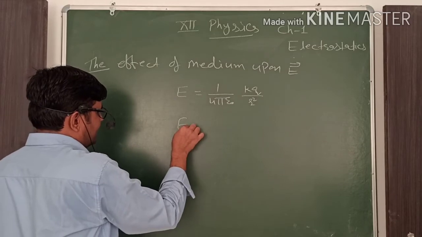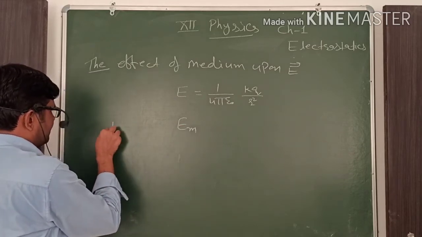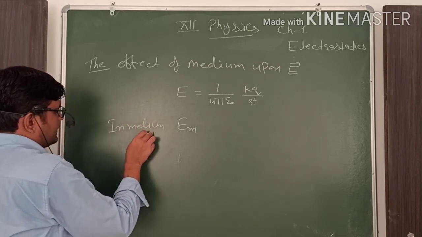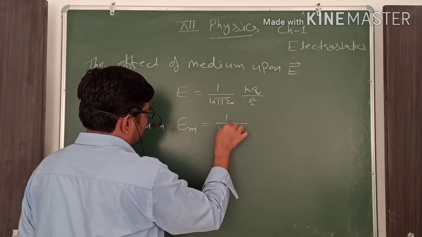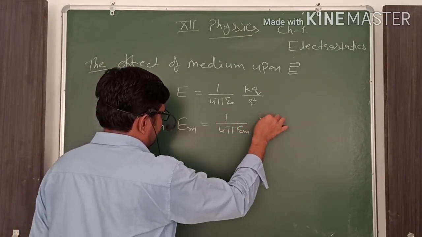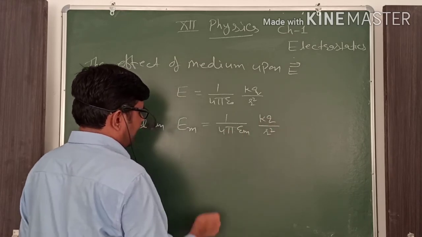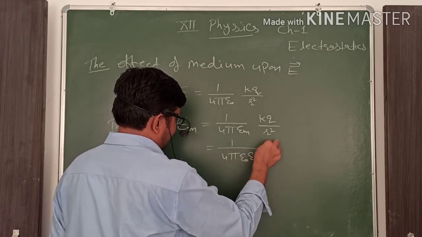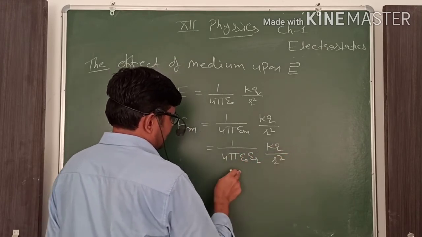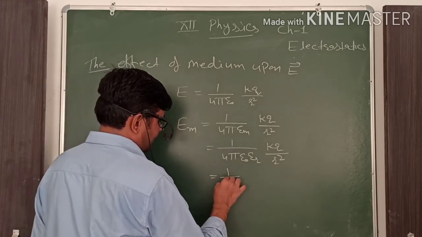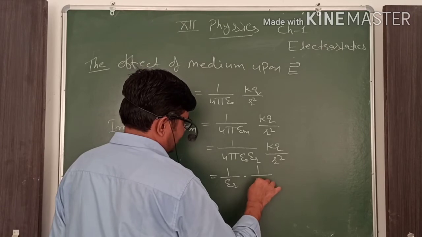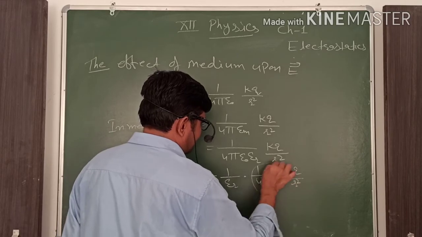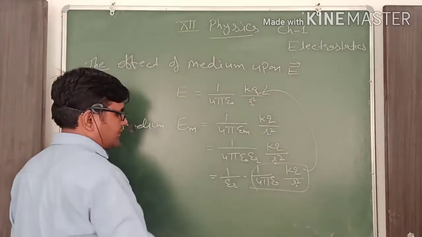Now in a medium, it is E m equals 1 upon 4 pi epsilon m, kq upon R square. Now this epsilon m is written as epsilon naught epsilon r. Here we are just rearranging these formulations: 1 upon epsilon r, 1 upon 4 pi epsilon naught, kq upon R square.